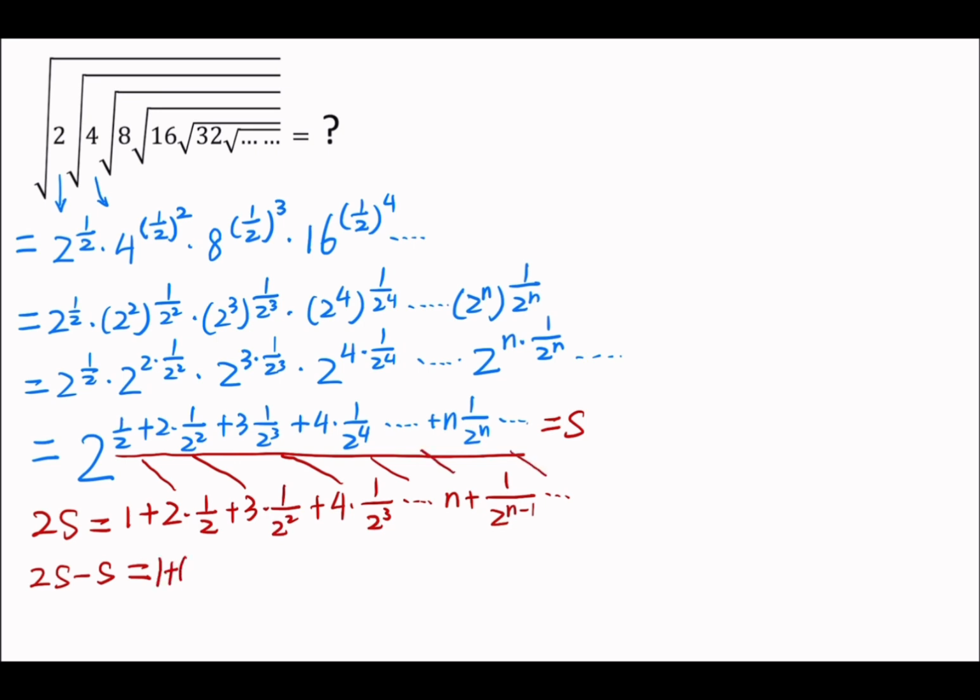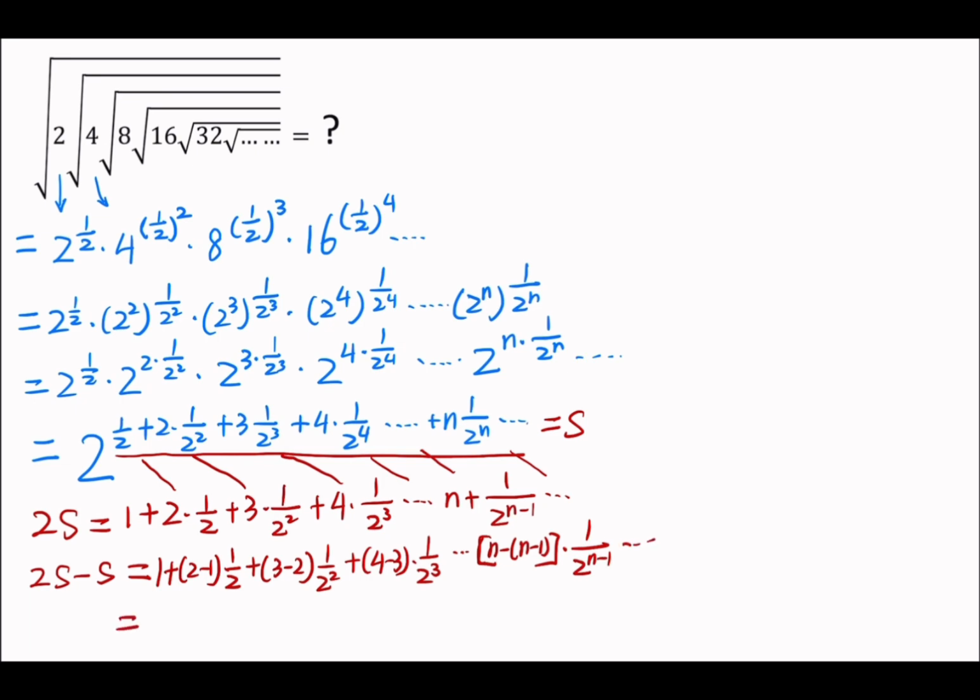So keep going like this: 1 plus (2 minus 1) times 1 over 2 plus (3 minus 2) times 1 over 2 squared plus (4 minus 3) times 1 over 2 cubed, and then (n minus 1) times 1 over 2 to the power of n minus 1, and then keep going.